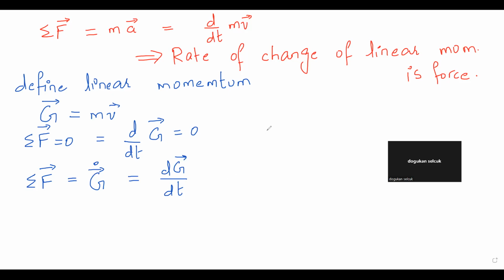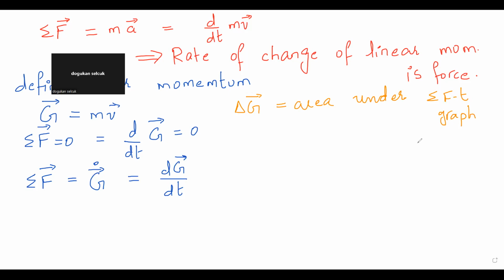So I will actually write in fancy English that delta G is the area under the summation F versus t graph. In your physics class, did you talk about impulse or not? Yeah, we do.